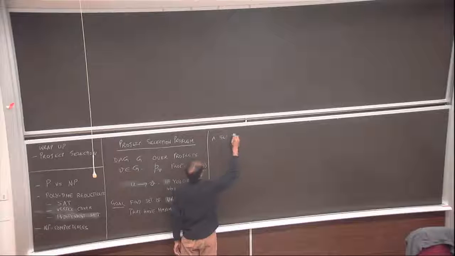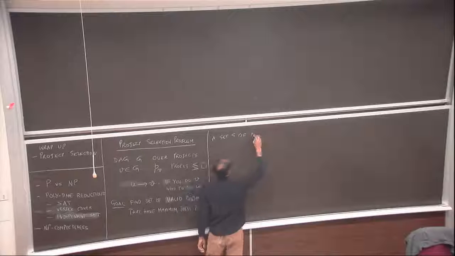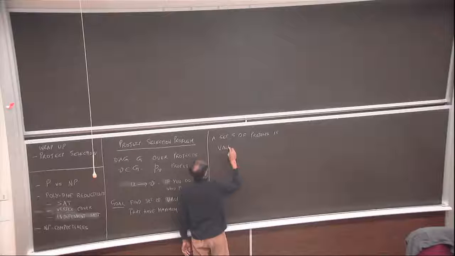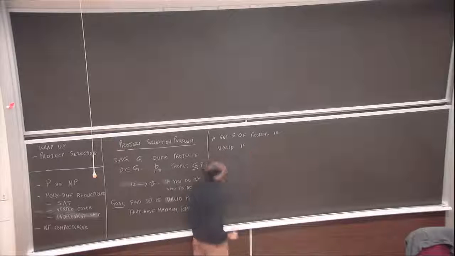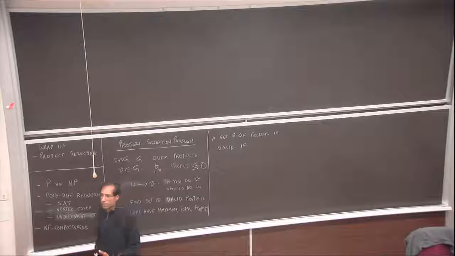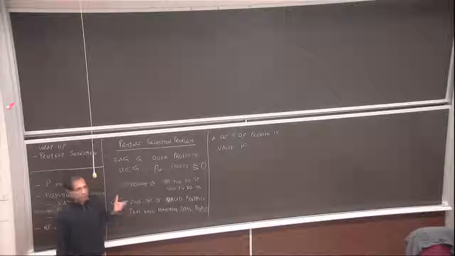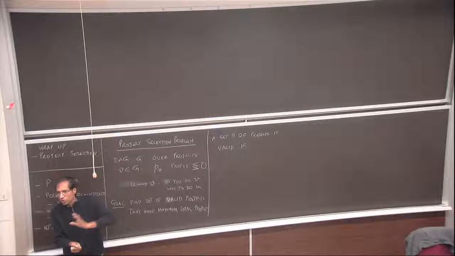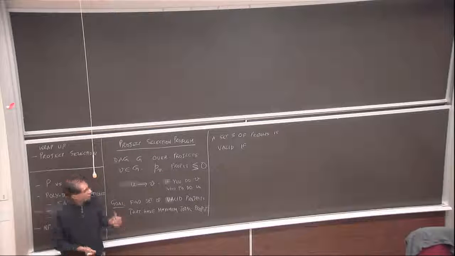A set S of projects is valid if, what rule would you say is required? How will you express the validity of a set S of projects? Again, a set S of projects is valid if whenever a particular project is included, its parents, the things that have edges to it, are also in the set. So how would you write it?